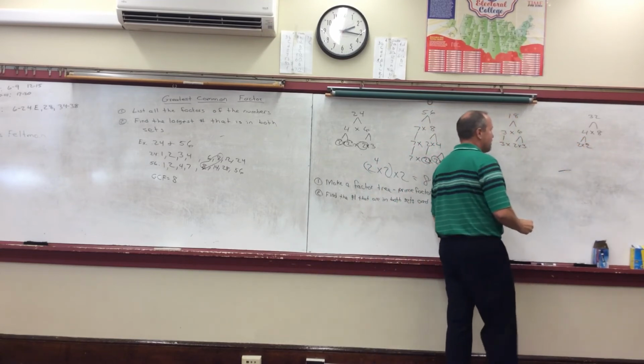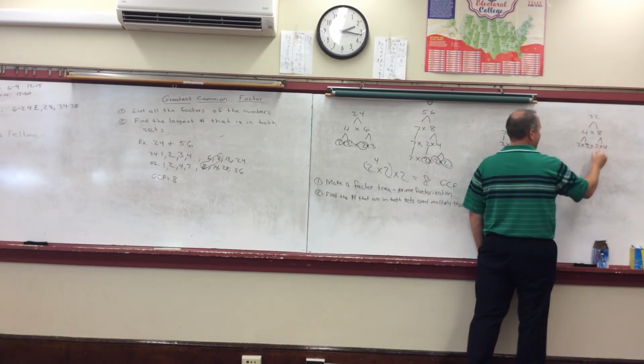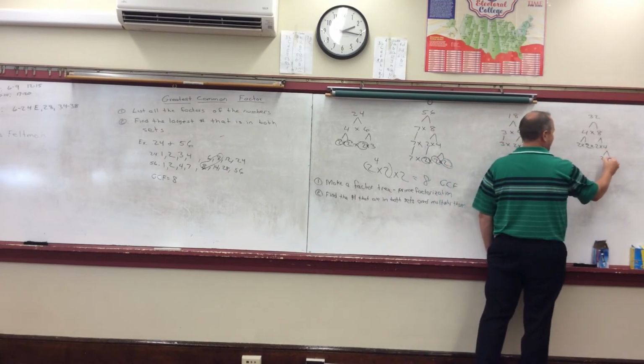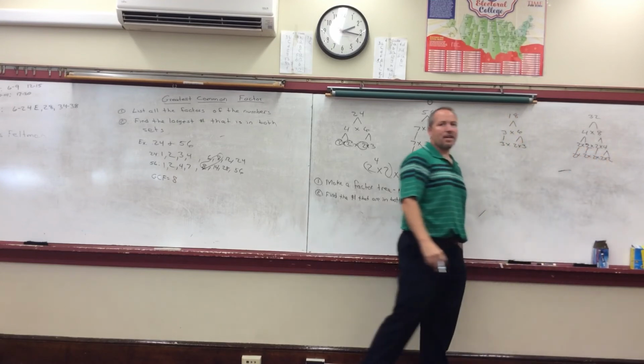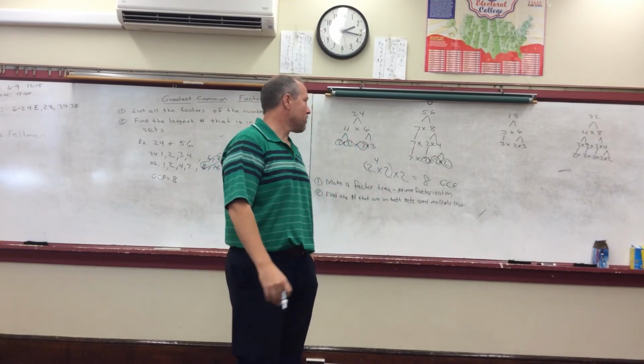The 8 can be factored into 4 times 2. And then the 4 needs to be factored into 2 times 2. And then I bring that 2 down, this 2 down, and this 2 down. Okay? So now we have factored both those numbers.